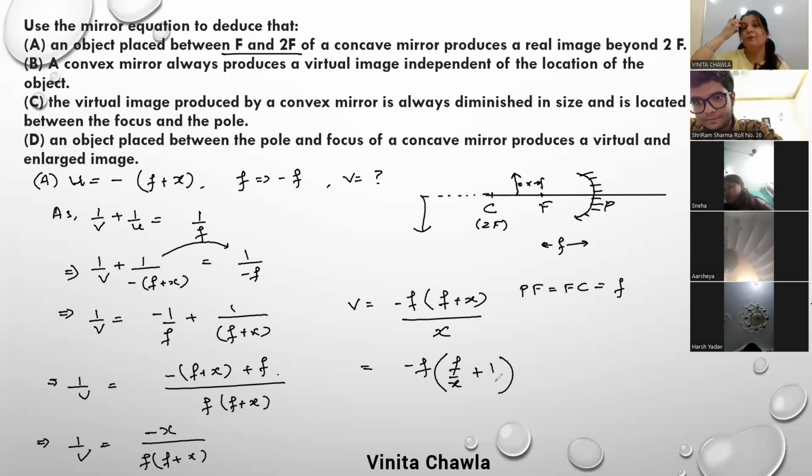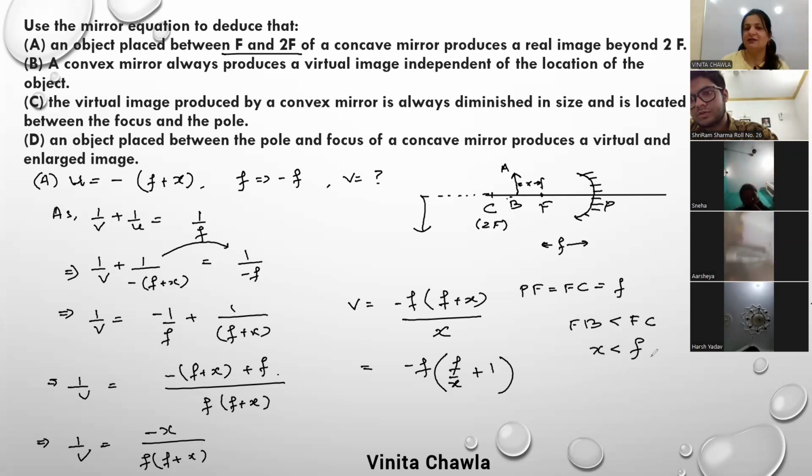Now see what we have here. This FC is f. If we assume the object to be AB, then FB is smaller than FC. It is seen clearly that FB is smaller than FC. What is FB? The object's distance from the pole is f plus x, so FB is x. So x is less than FC, which is small f. X is less than f.